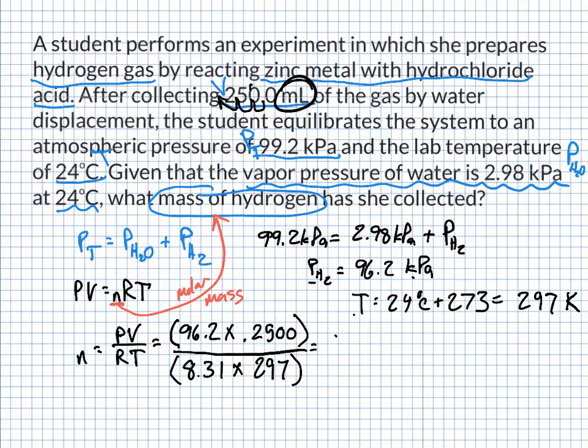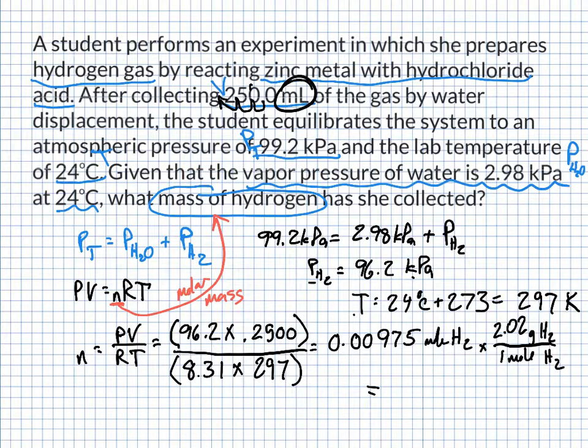So do all that in the calculator, and I should get 0.00975 moles of hydrogen. But I don't want moles. I want grams. It's asking for mass. So I've got moles, so I need to divide by mole, and I need to multiply by grams of hydrogen, which is the molar mass, 2.02.